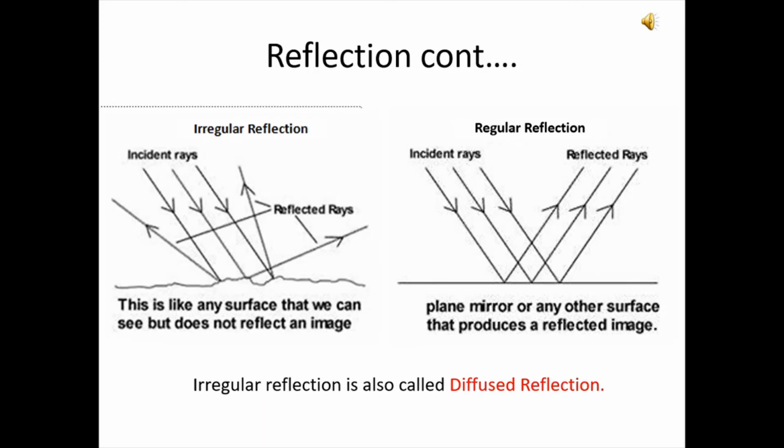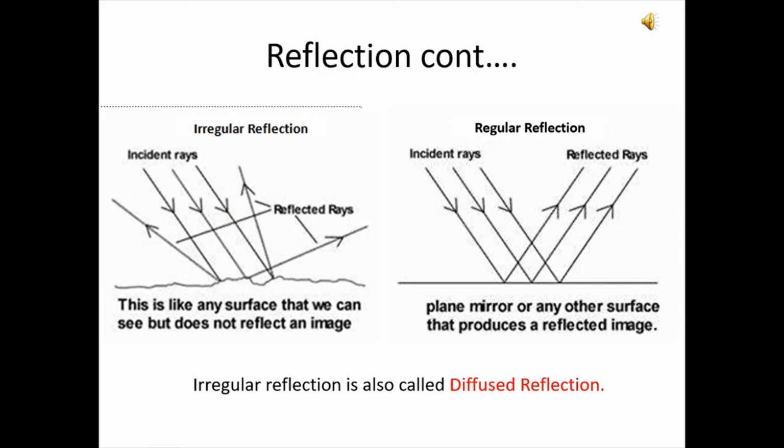Diagrammatically, regular and irregular reflection is shown in this way. In the first figure, you can see reflection from a rough surface, and in the second figure, you can see reflection from a smooth surface. When light rays fall on a rough surface, they get scattered in different directions when they reflect. So no image is formed when light falls on an irregular surface.